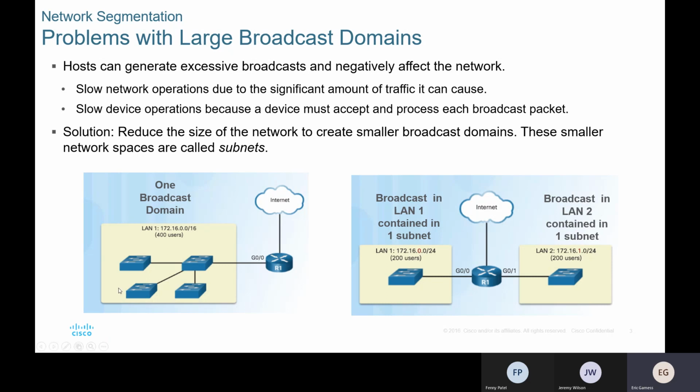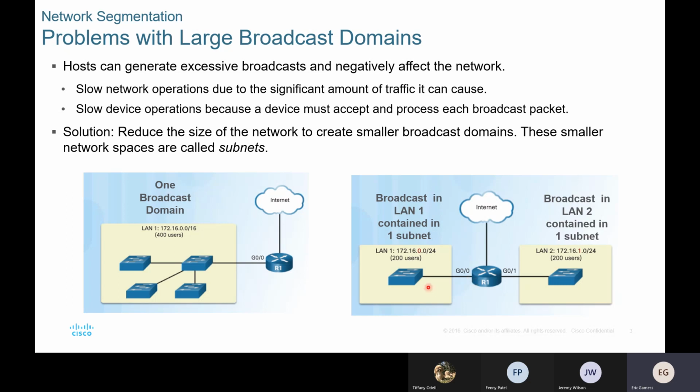So instead of maintaining a big broadcast domain, what you can do is separate the broadcast domain into smaller broadcast domains. For example, here, we decided to divide the 400 employees into groups of 200. So we will have one local area network on this interface of the router and another local area network on the other interface of the router. One of the characteristics of a router is that it filters the broadcast, which means that if a broadcast arrives at a router, it will never forward it.